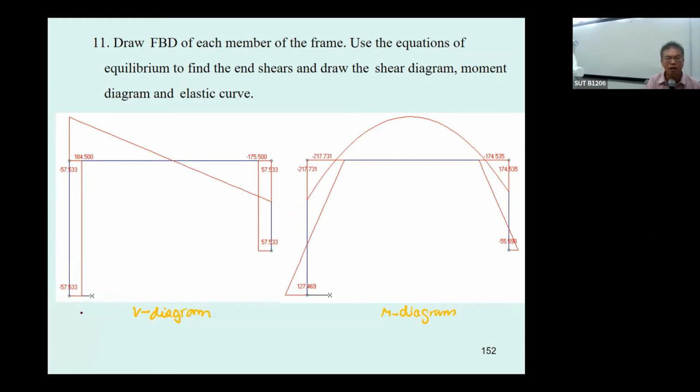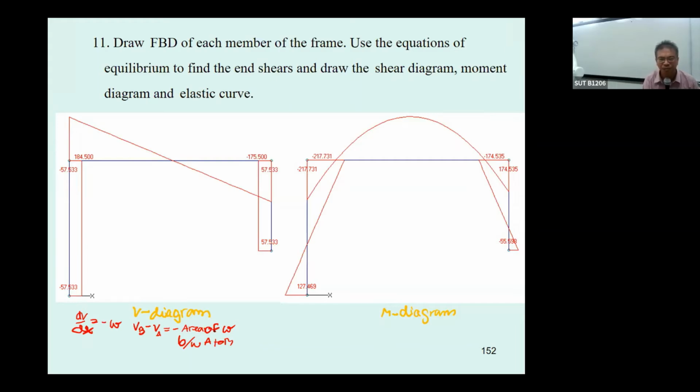Because the slope, such as dV by dx equal to minus w, will give you the shape of this one. Okay, and then you have the equation V sub B minus V sub A equal to minus the area of w between A to B. That's for finding the value of the shear.